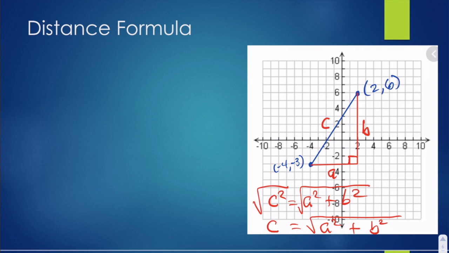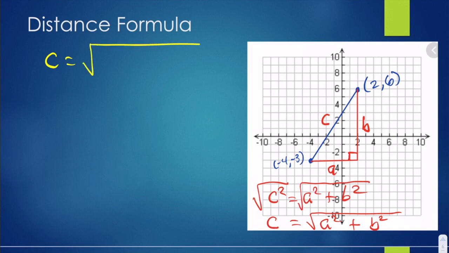Well, A is the difference between the x's. B is the difference between the y's. So let's look at it using a formula. Right now what I'm looking at is C is equal to the square root of A squared plus B squared. But isn't A the difference of the x's? So I'm just going to call that x2 minus x1, and I'm going to square that.